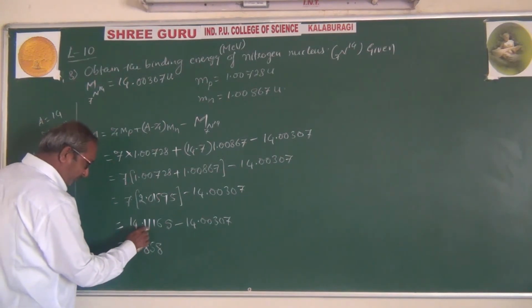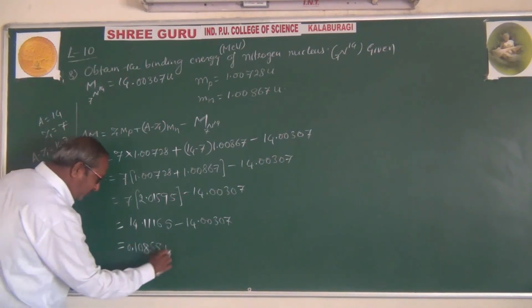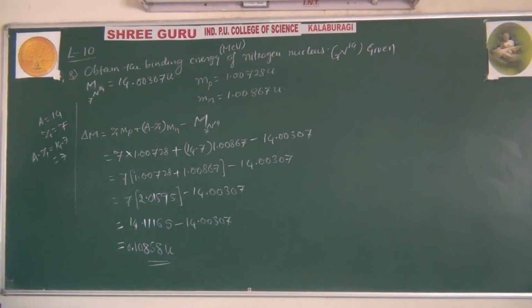Here 0 left, 0 minus 0 is 0. And here 1 left, 1 0. I think this is the mass defect. Check it once again if you want. It is just subtraction.